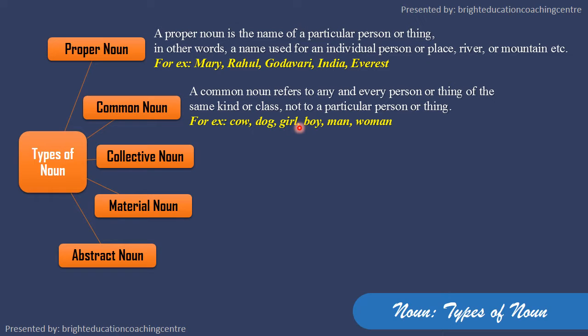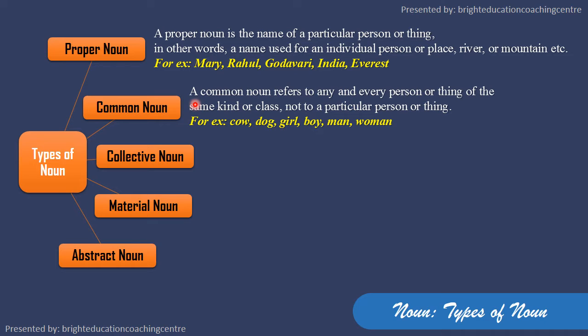But if I say that in my class there is a boy named Abhishek, it belongs to proper noun because I am identifying a particular person. But if I say just the word boy, it means the class of persons in this entire world, which will be considered as a common noun. I hope it is clear now.